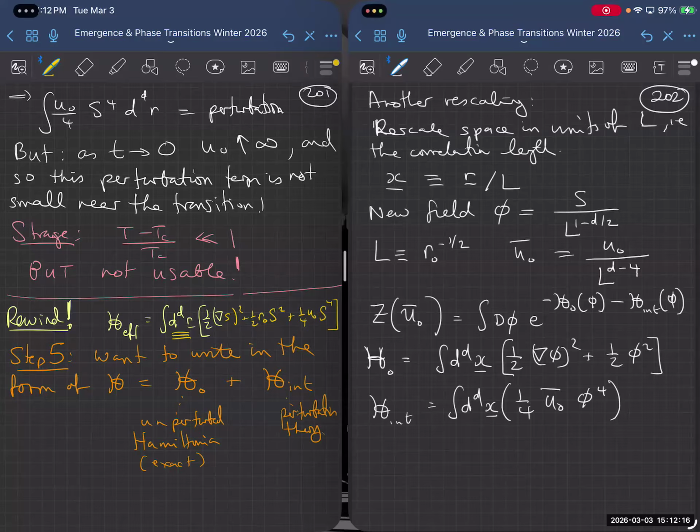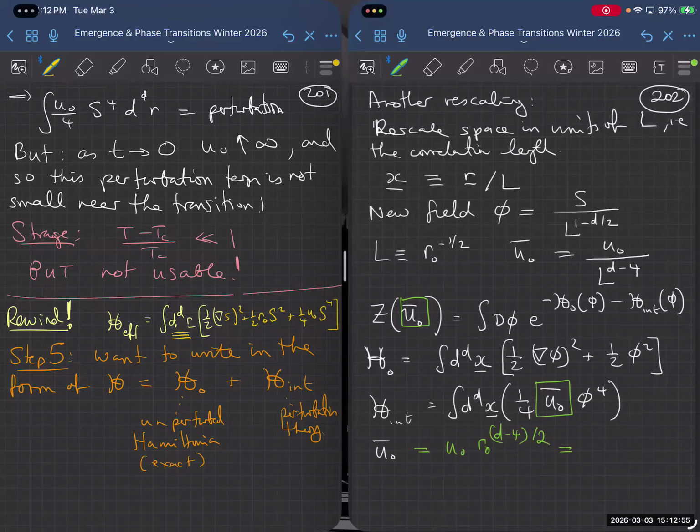So if I then ask, what is this u naught bar? The partition function now only depends, there's only one parameter in this whole problem. That's the effective quartic coupling term. The quadratic terms are all exactly solvable, but the quartic term is not, and the only parameter that the partition function depends on is u naught bar. And u naught bar, if I follow the definitions, is the original u naught times r naught to the power d minus 4 over 2.